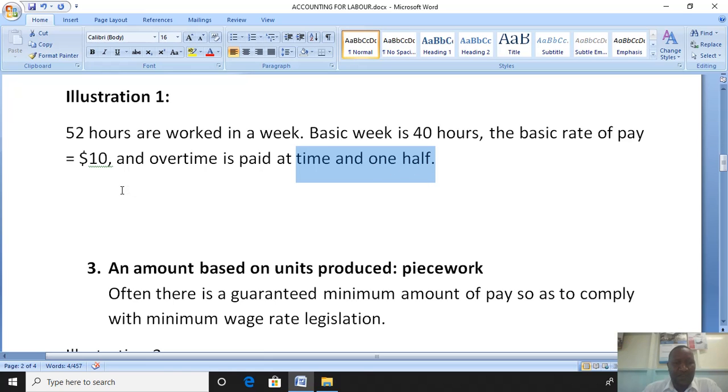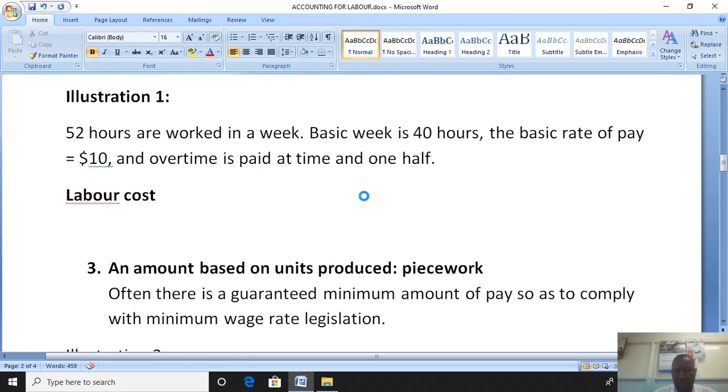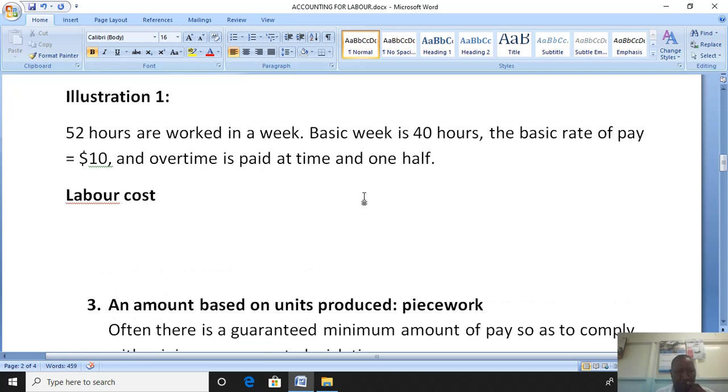So the question is, how much is the labor cost here. So labor cost will consist of two things. Number one, the basic pay, and the second one will be the overtime premium.